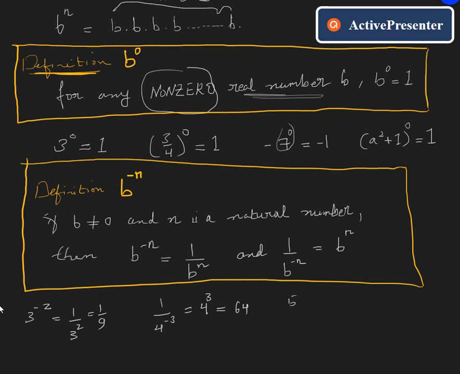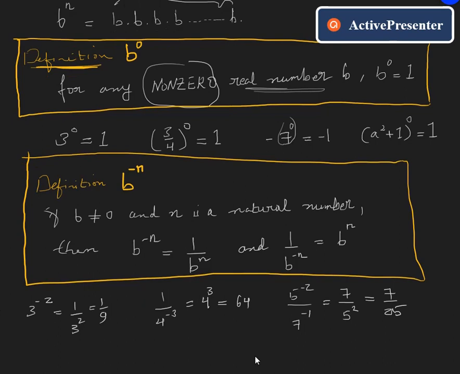Also, 5 to the power minus 2 over 7 to the power minus 1 equals, this will go up and this will go down, equal to 7 to the power 1, we will never write 1 here, over 5 to the power 2, which is eventually 7 over 25.